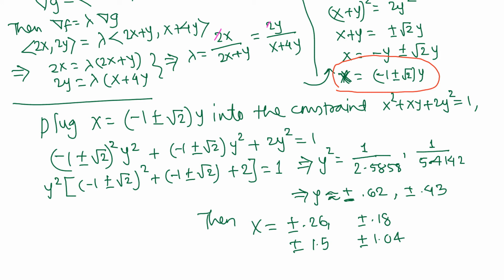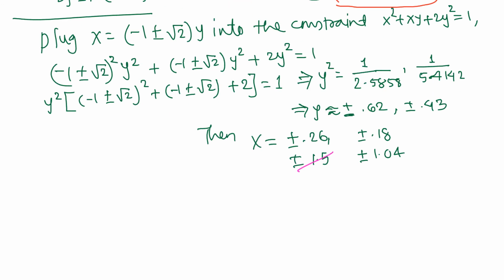That's a lot of work, but this and this y, if we plug into the ellipse, they are extraneous, so this is not good, this is not good. They don't work.